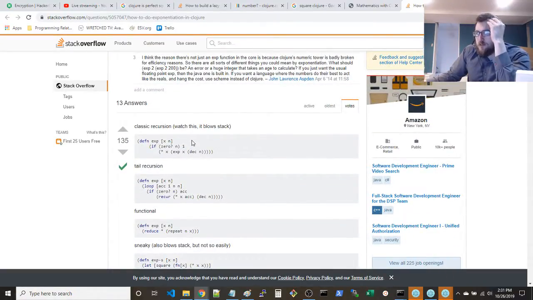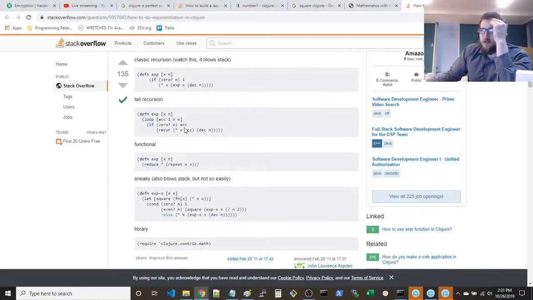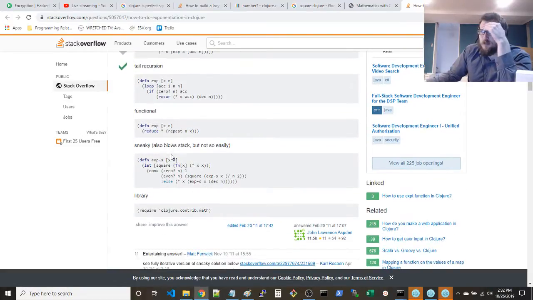Recursion. Tail recursion. Oh yeah, you're not supposed to do recursion without recur, otherwise you're going to blow the stack. Functional reduce, yeah. Sneaky, blows the stack but not as easily.